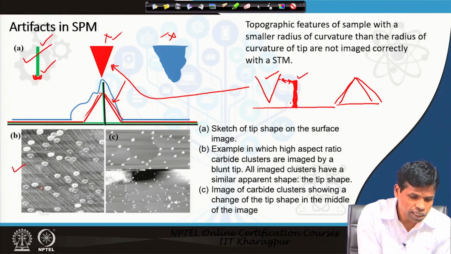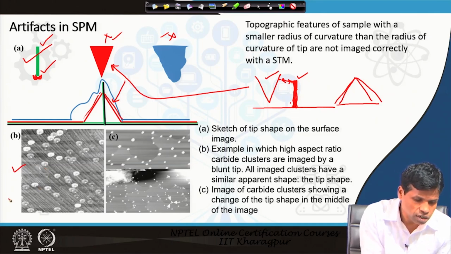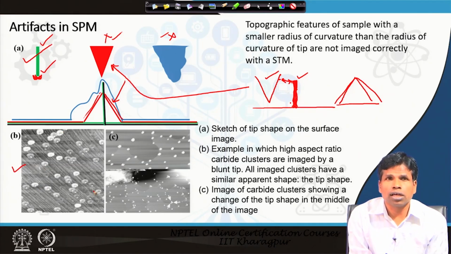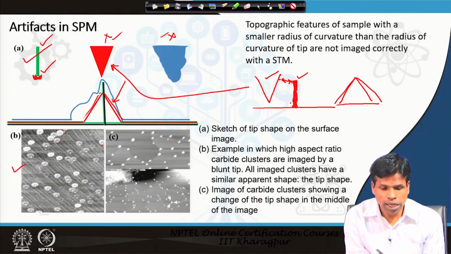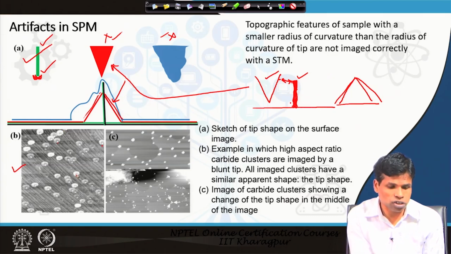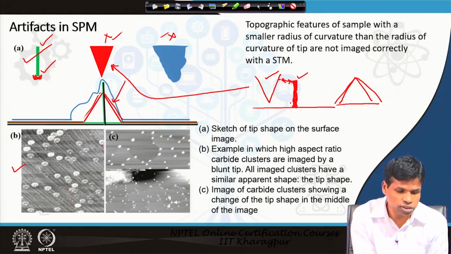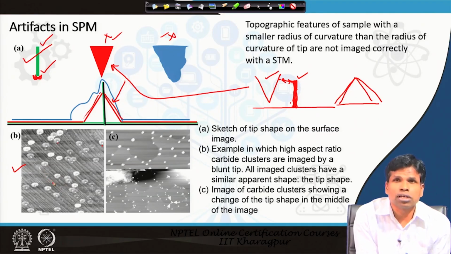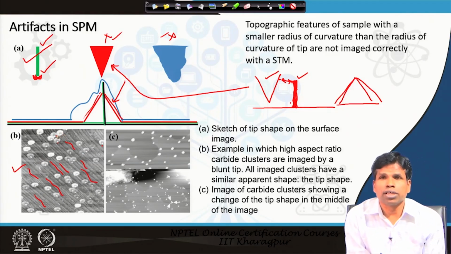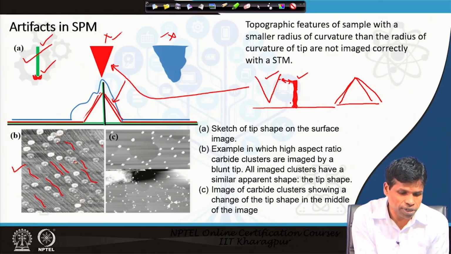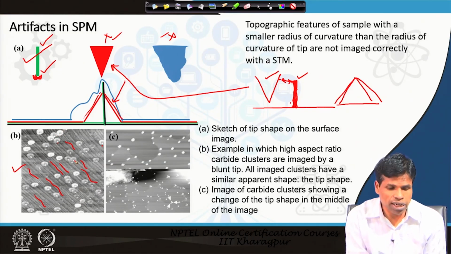As you see in these cases, almost all features are looking similar, but in the middle there is a brighter feature, and around that there is a halo, and these are carbide clusters. In addition to the carbide clusters, as you see in the image, in the background there are one-dimensional directional features, and all these particles appear of similar shape with the middle portion brighter than the surrounding portion.